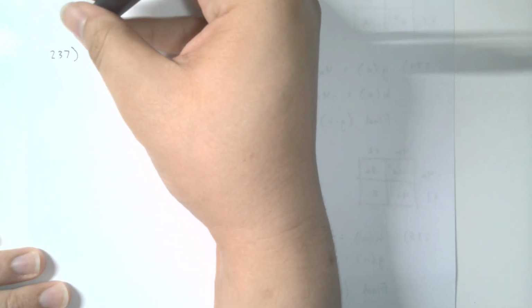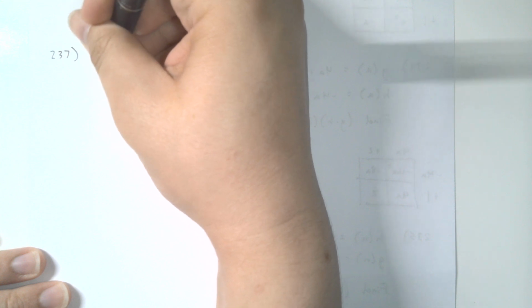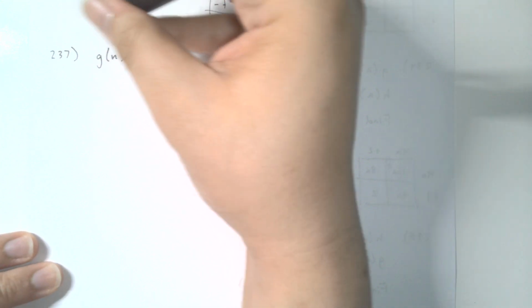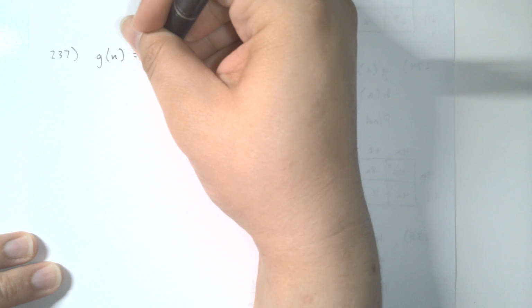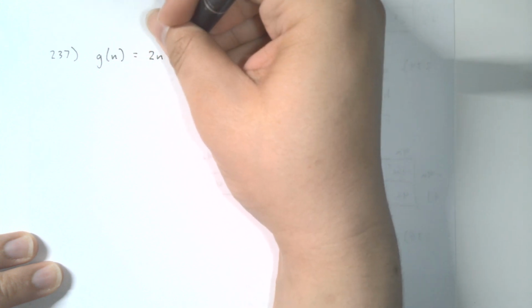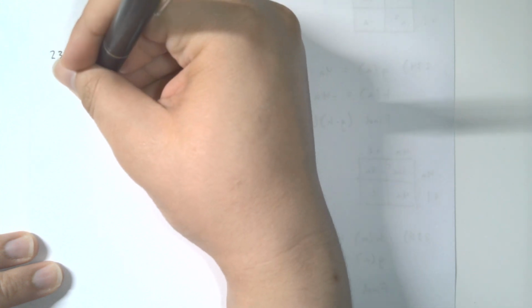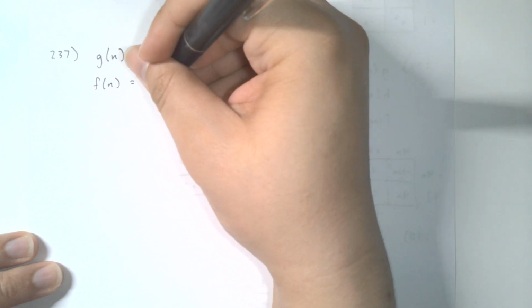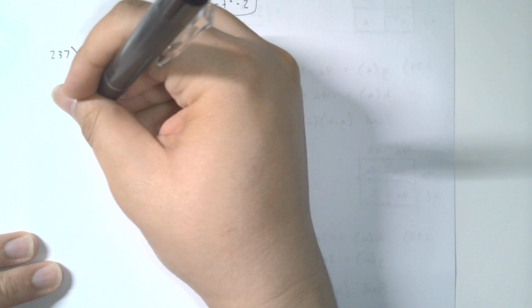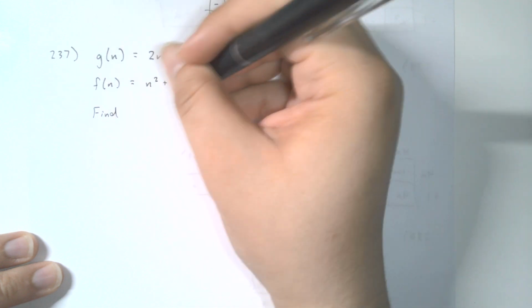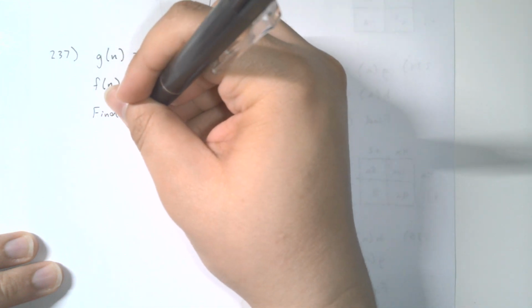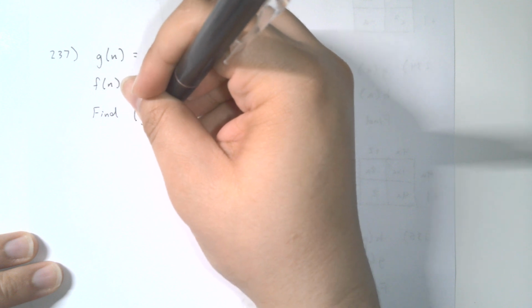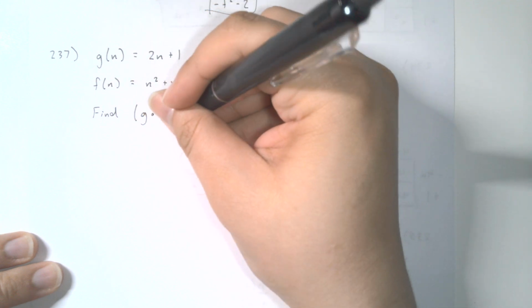For 237, now we're moving on to composition of functions. So we have g of n is equal to 2n plus 1. We have f of n is equal to n squared plus n. And we want to find g composed with f of n.